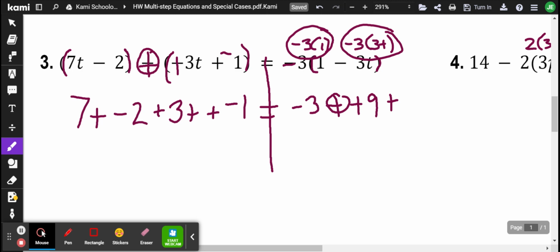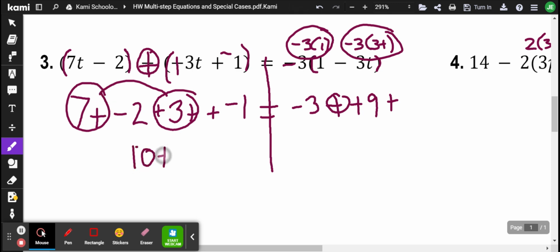So now we are ready to put our variables together. This is going to be 10t, and then subtracting 2 is the same as 2 negatives. And now we can put our numbers together on this side.